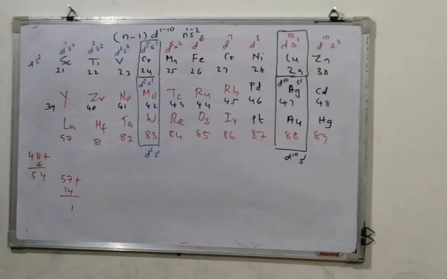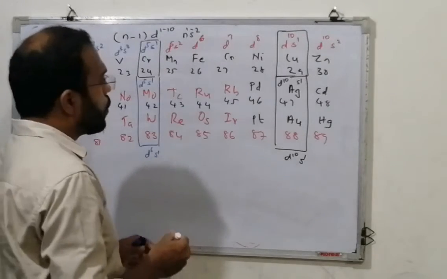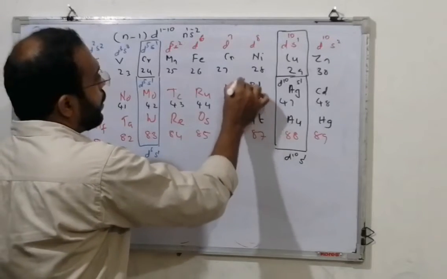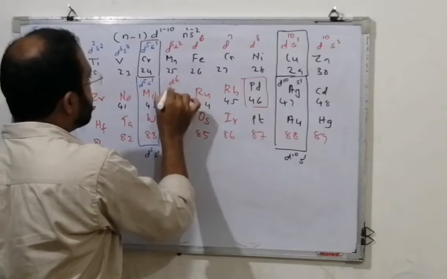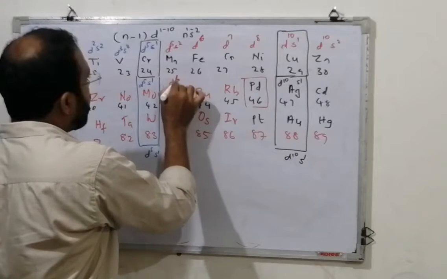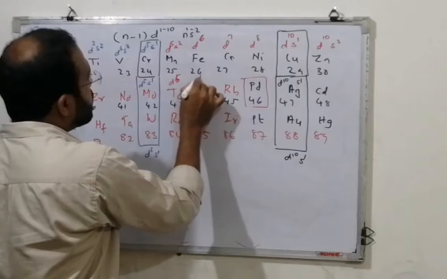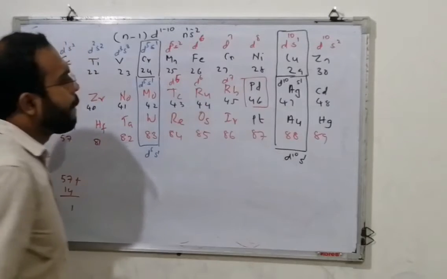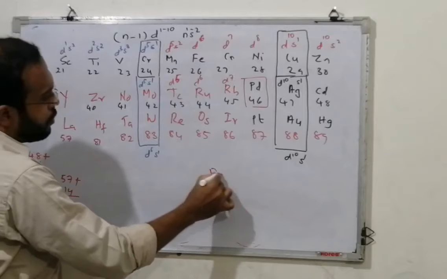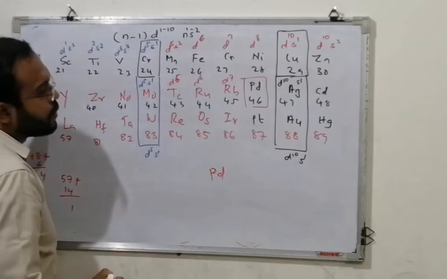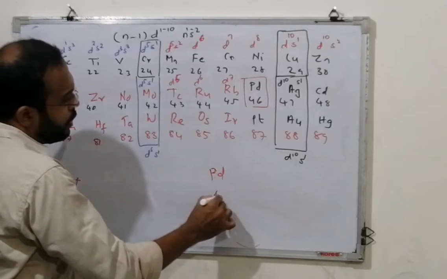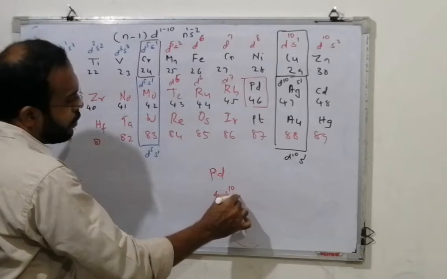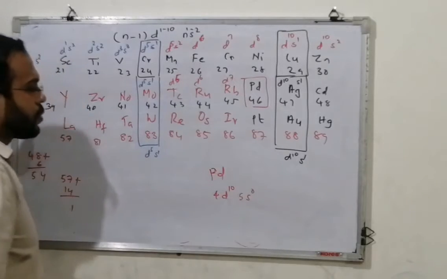Now, in addition to this, palladium, this is d5, again d5, d6, d7. In palladium, the electronic configuration is 4d10 5s0.